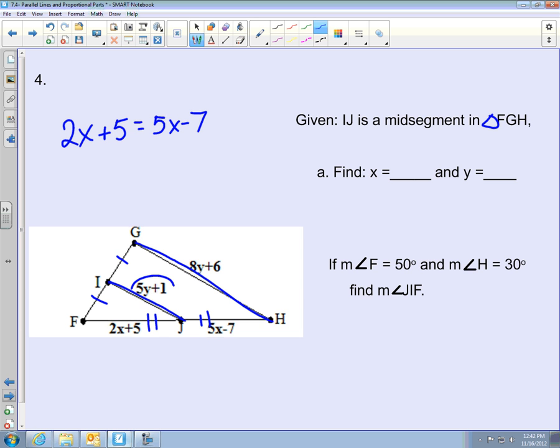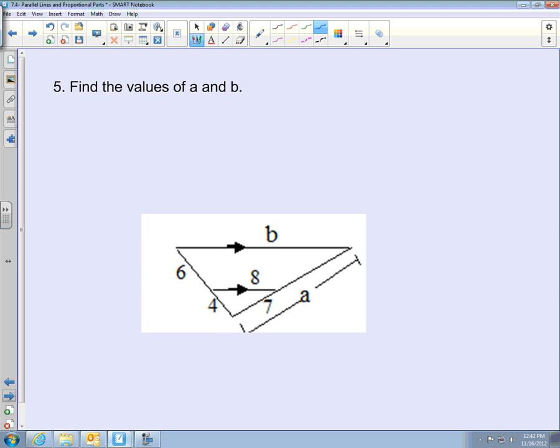So we remember our midsegment is half of our base. So we can multiply our midsegment by 2 or divide our base by half and set them equal to each other, and that'll help us find Y. And then we again have some angles with parallel lines. So have those done for tomorrow and give problem 5 a try. Not too difficult. All right, we'll see you guys then.